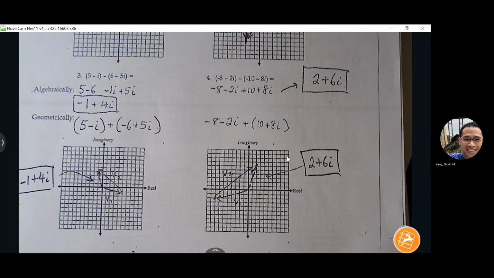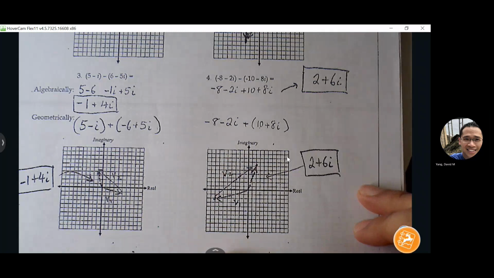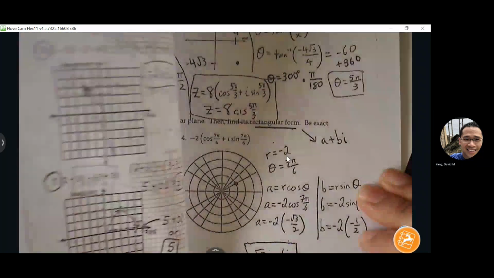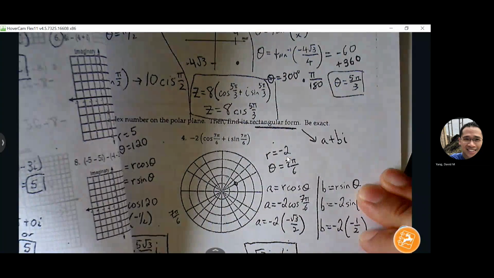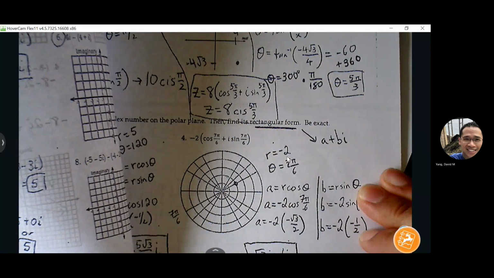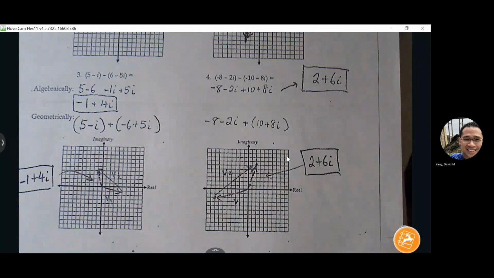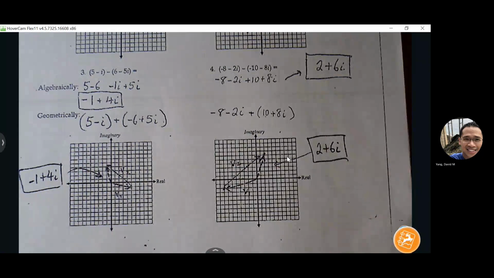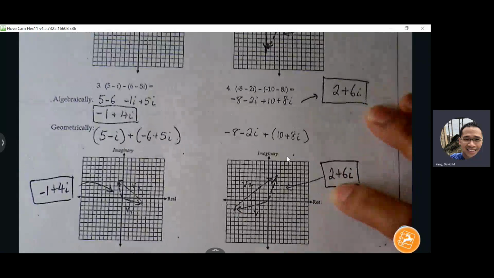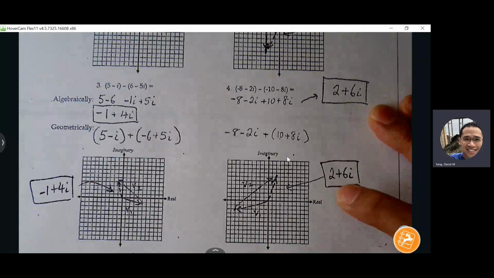Okay. Page 17. Let's do 1, 2, 5, 6, 7. Everybody good with number 4 on page 16?